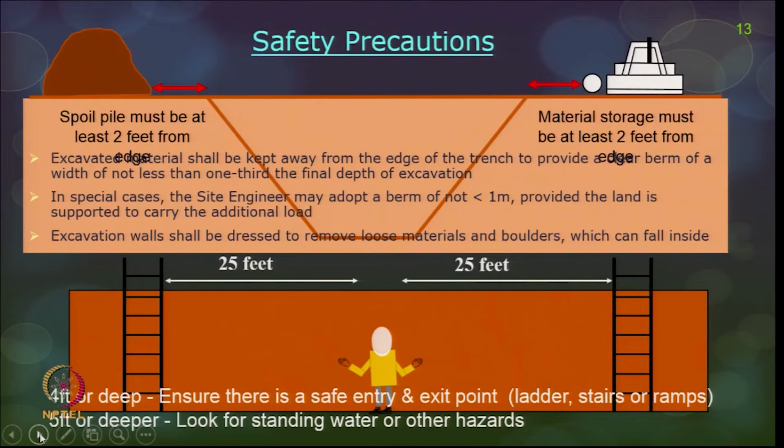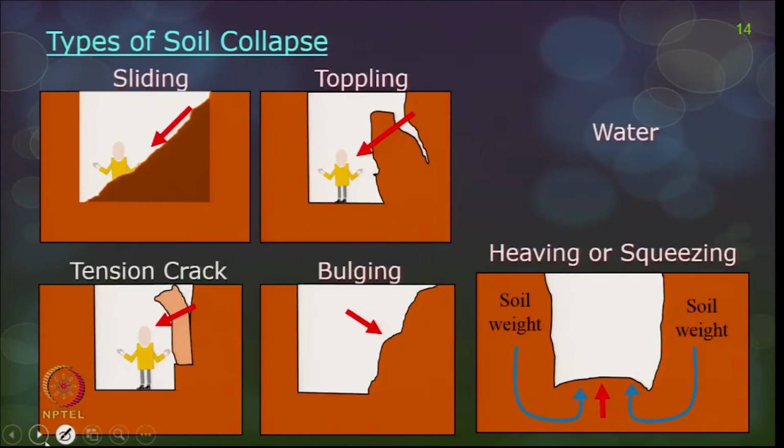The access can be a ladder, ramp or stairs. Beyond 4 feet deep, the worker should not enter unless there is a safe entry and exit point. And if your trench pits are 5 feet or deeper, you should also look for water accumulation hazards.